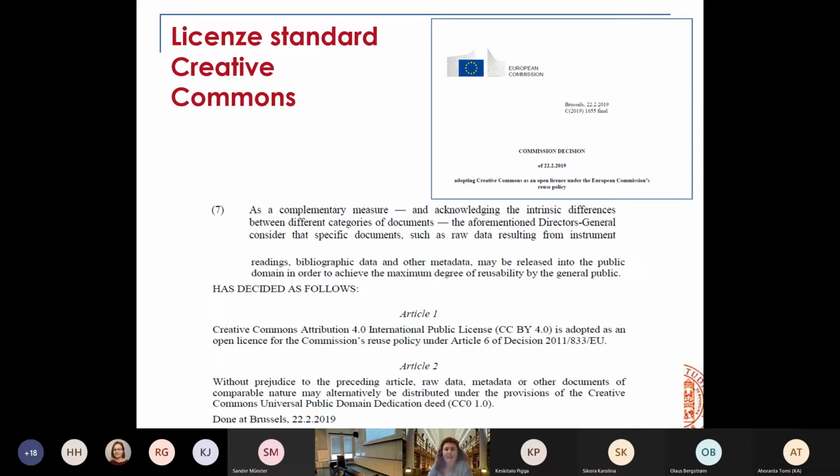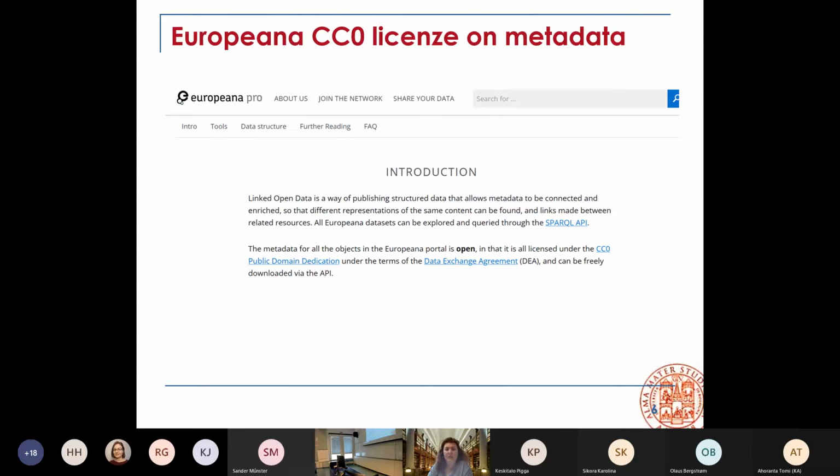So the trend is to use Creative Commons Attribution for much content, or proprietary licenses where needed, and CC0 for metadata. But the question is, what is metadata in legal cultural heritage, and in general? This is a main key point to understand.